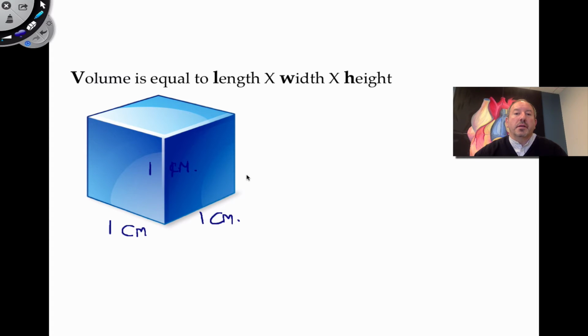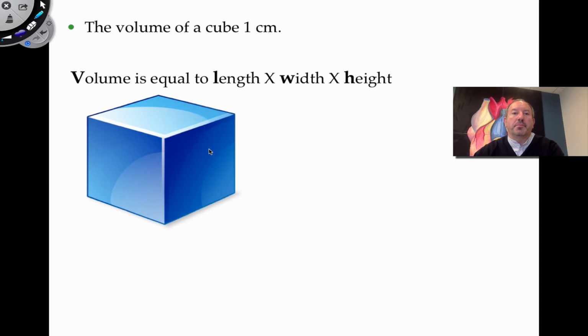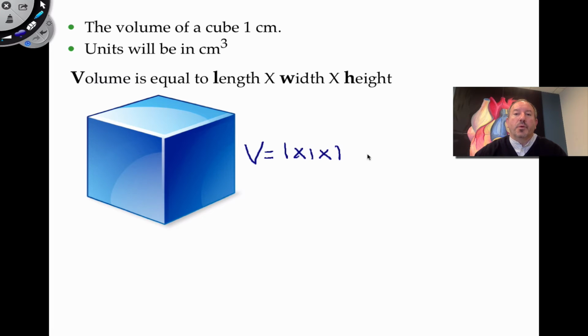I would simply multiply those together to determine my volume. The units are going to be in centimeters cubed. So to do the math, volume is equal to 1 times 1 times 1, which of course equals 1. So the volume would be 1 centimeter cubed. Seems straightforward enough, right?